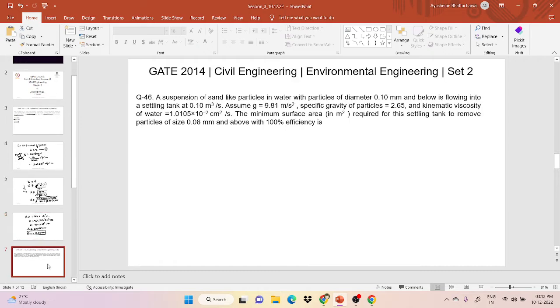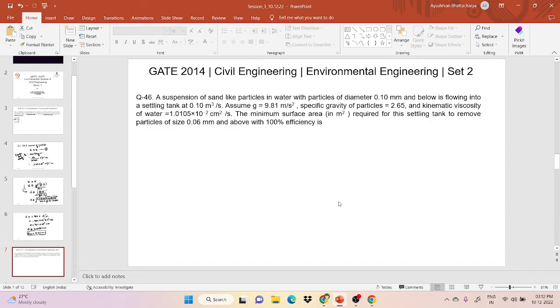So now the next question. The next question says a suspension of sand-like particles in water, with particles of diameter 0.1 mm and below, is flowing into a settling tank at 0.1 meter cube per second. Assume g is equal to 9.81 meter per second square. Specific gravity of the particle is 2.65.